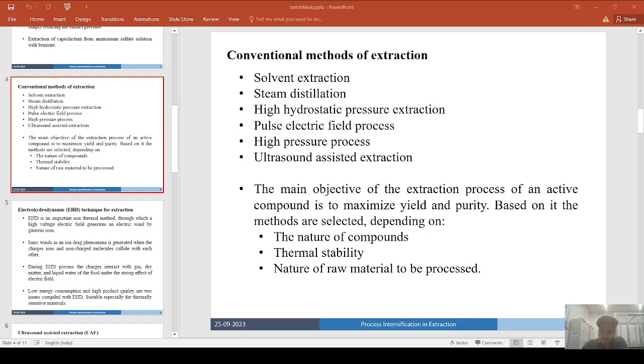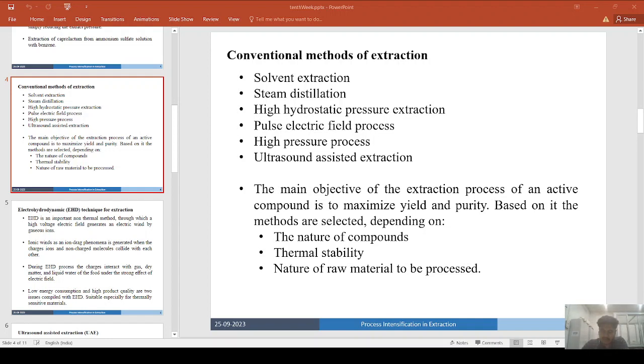Because of the environmental constraints, health constraints, and government regulatory requirements, we need to perform extraction in a much cleaner fashion, which often requires not using highly toxic chemical components.